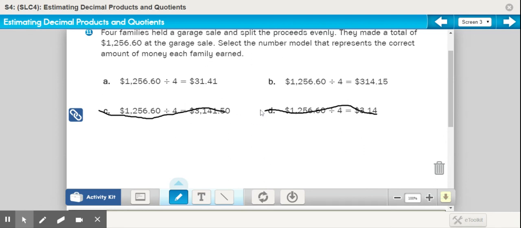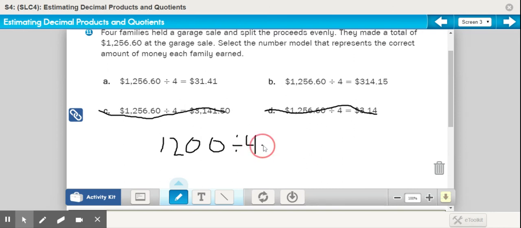So let's make an estimate. What is $1,256.60 close to? Go ahead and write that down. Now, what would you change or keep for your divisor? What's your number sentence look like? I'm thinking that I would make it $1,200 and then I would keep my divisor at 4.